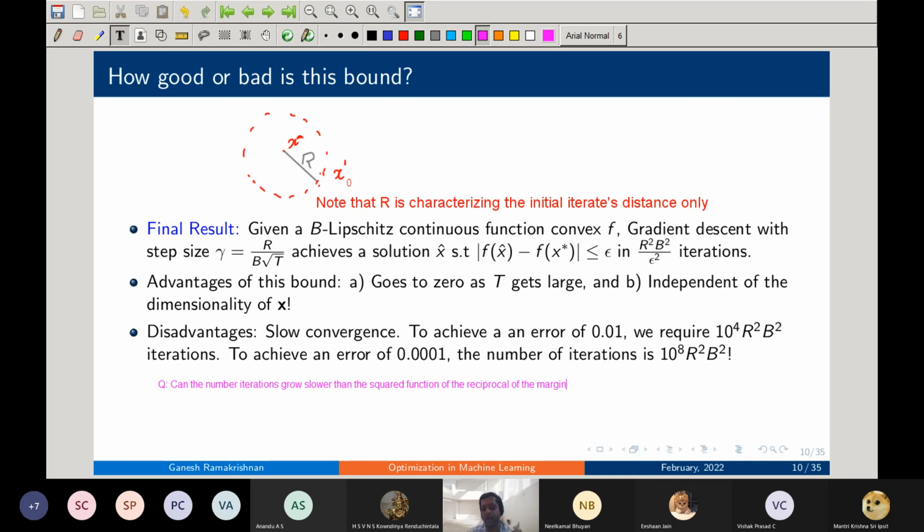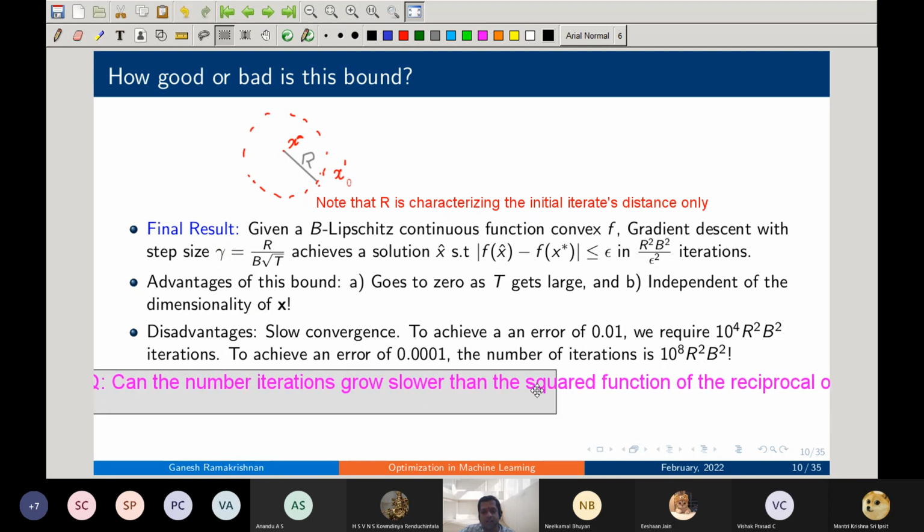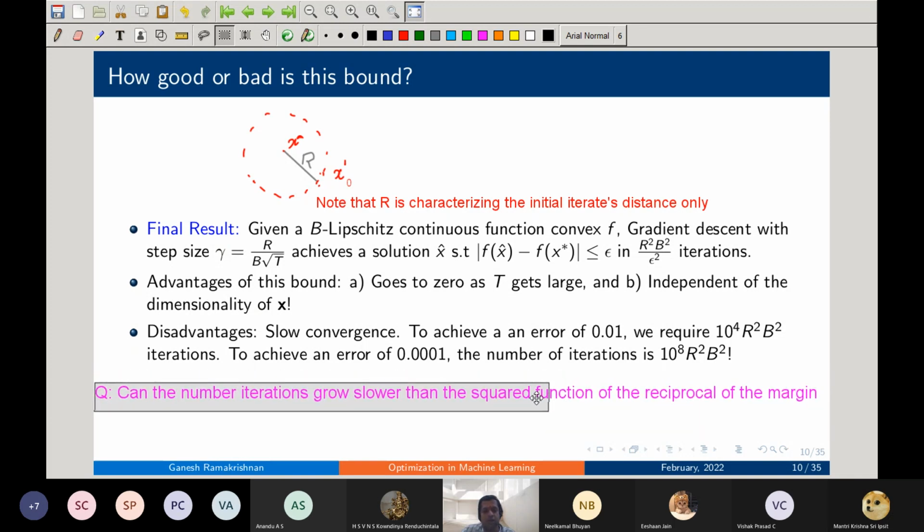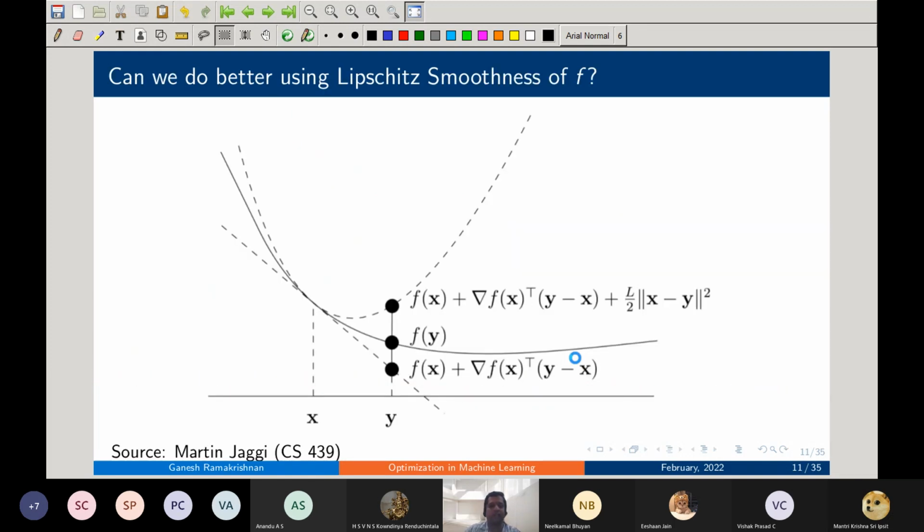So the smaller the margin, the more time it will take, obviously, but then we don't want it to grow so fast. Okay, that is our desire.